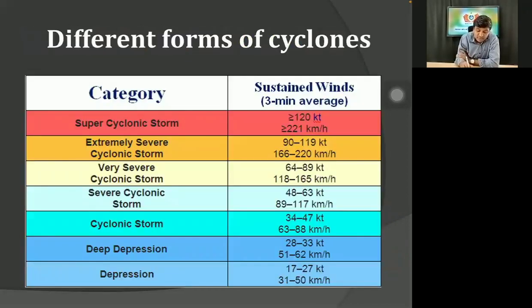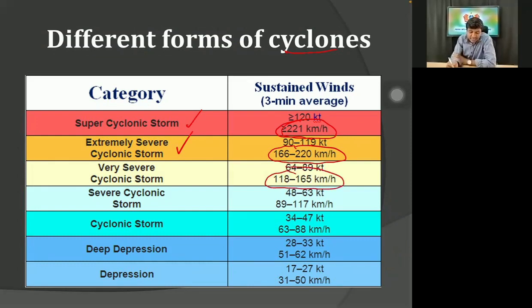So again, different forms of cyclone. Based on the speed of the cyclone, we classify into different categories. If the speed is more than 221 km/h, then we name it a super cyclonic storm. If the speed is between 166 to 220 km/h, we call it an extremely severe cyclonic storm.